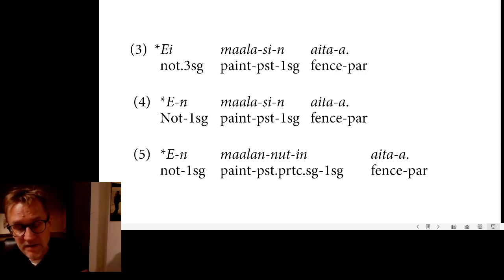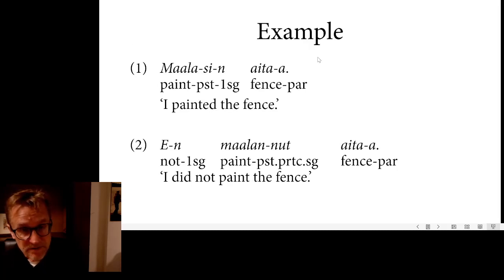So A is a default agreement form for negation, and maalasin was the verb form that we would normally use when there is no negation. This is the verb from sentence 1.